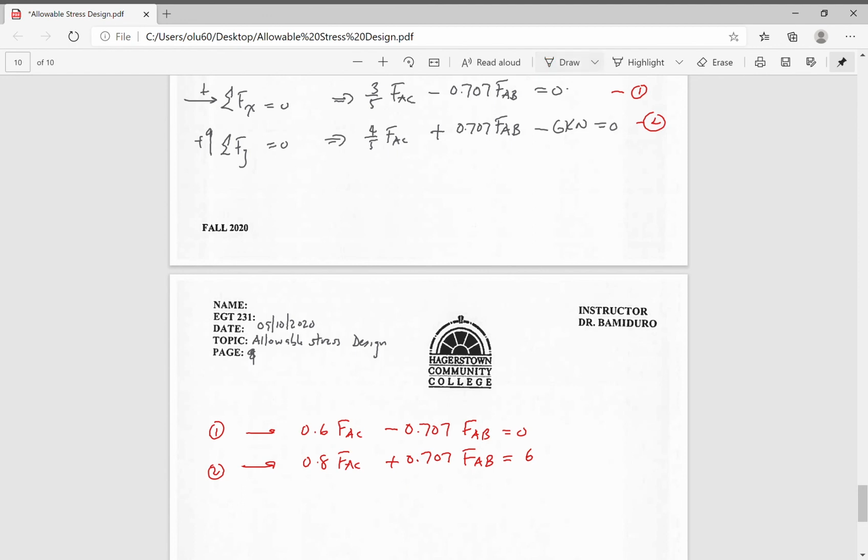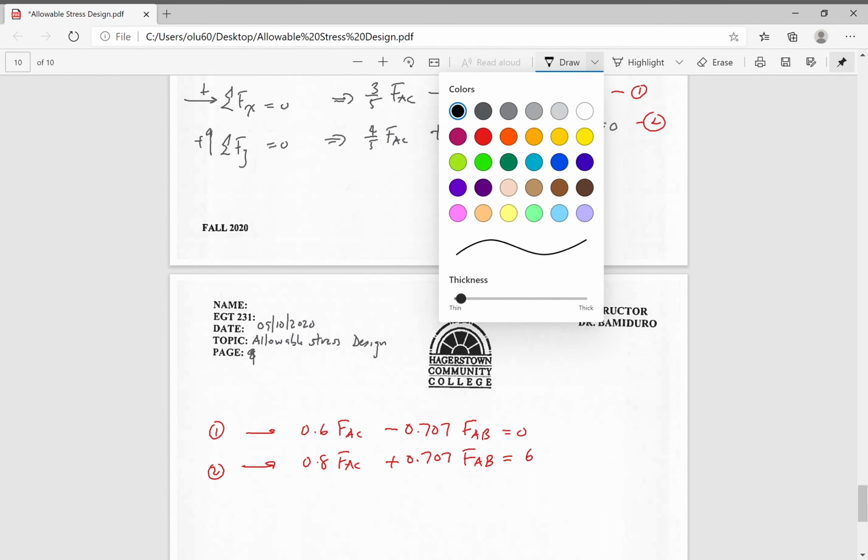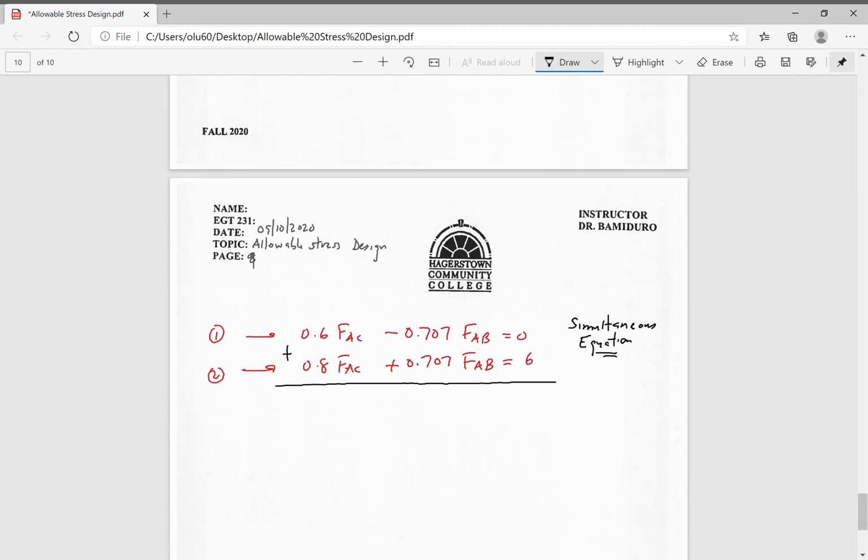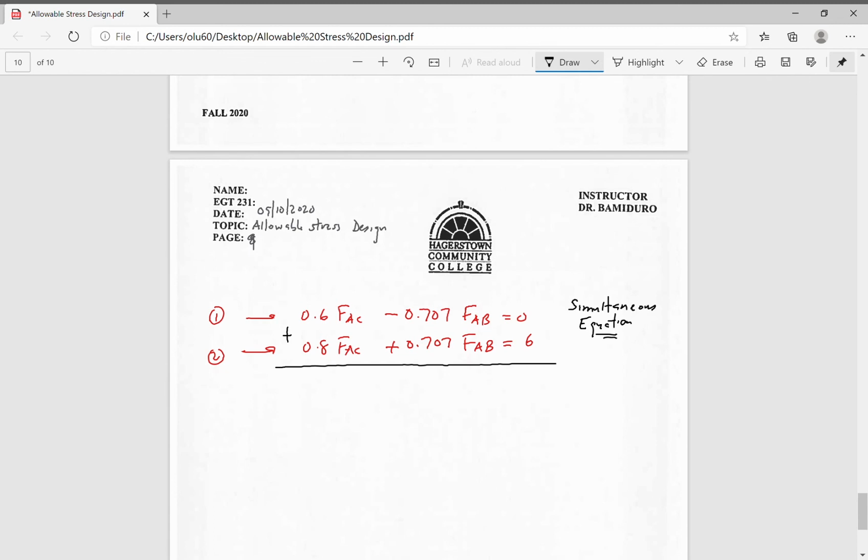Then what I can do is add these two equations together using simultaneous equations. If you don't remember, kindly go to a YouTube video and type that in to give you a refresher. So I'm going to add equation 1 to equation 2. We know this is going to be 1.4 FAC.